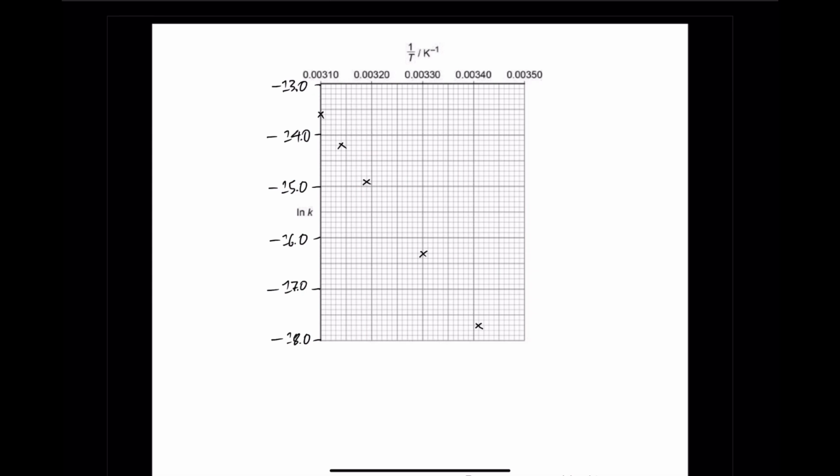Now just draw a line of best fit. I'm using a ruler right now to try and draw this graph on my iPad.